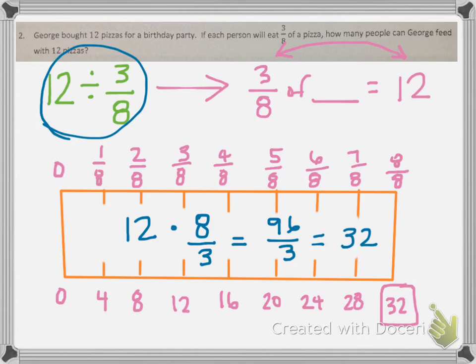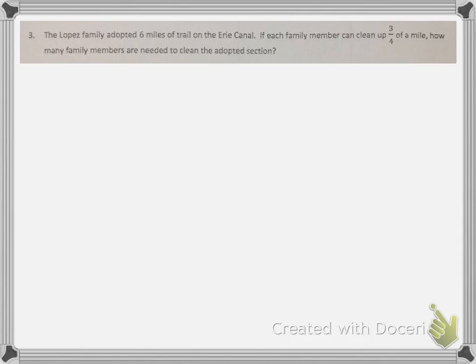All right, let's take a look at exercise 3. The Lopez family adopted 6 miles of trail on the Erie Canal. If each member can clean up 3/4 of a mile, how many family members are needed to clean the adopted section? Well, let's again think about the division problem. It would be 6 miles divided by 3/4 is going to equal something.